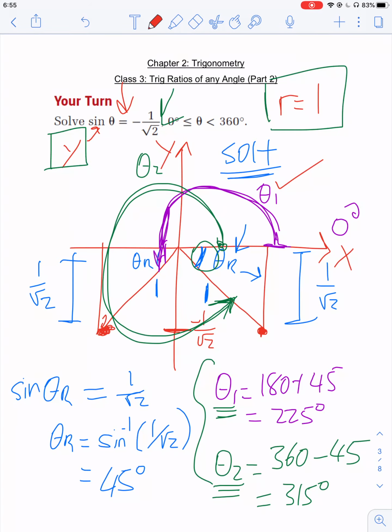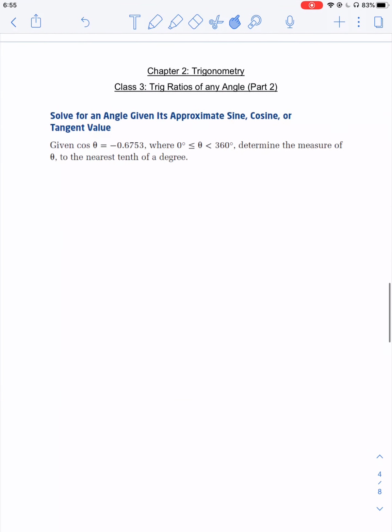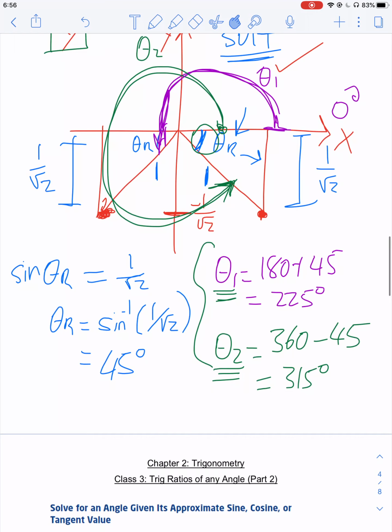If you guys are feeling comfortable, try doing these questions, right? It's exactly the same thing, except now you're not going to get nice exact angles. Your angles will be an approximation. In these questions, all your angles were exact, right?